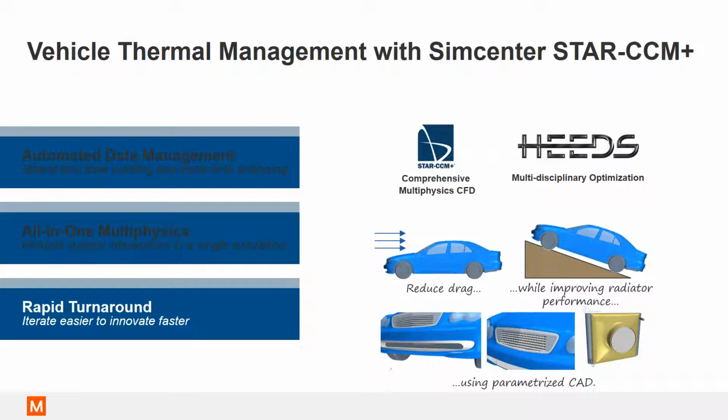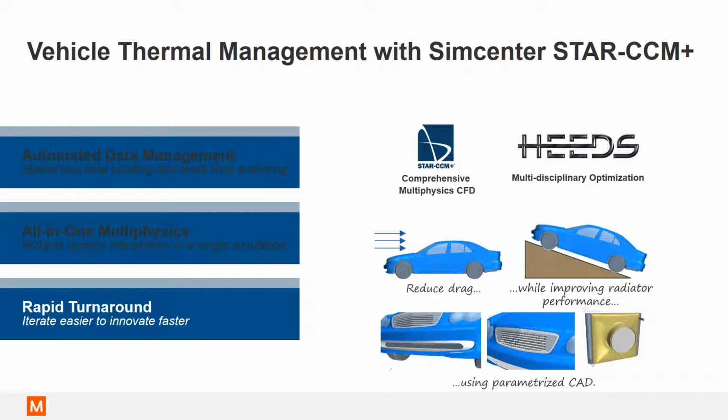For instance, this automotive company was trying to reduce the vehicle drag, but also wanted to increase the mass flow rate through the heat exchangers during the hill climb. We have the CAD for the fan grill and a couple of other parameters. And here we are simply going to let Star CCM Plus and HEEDS modify the geometry to identify the best compromise to reduce the vehicle drag while improving the radiator performance.